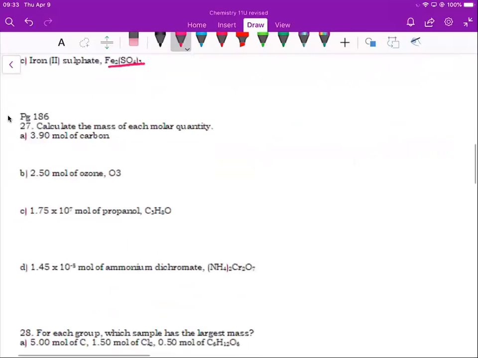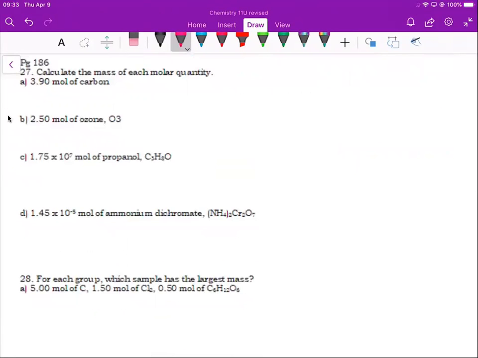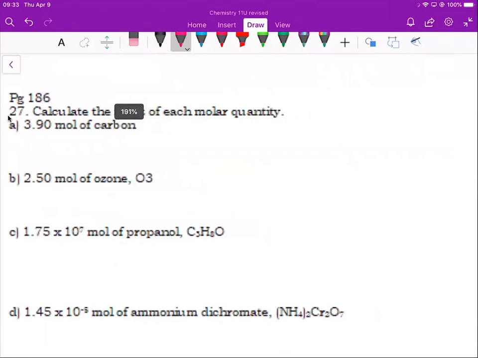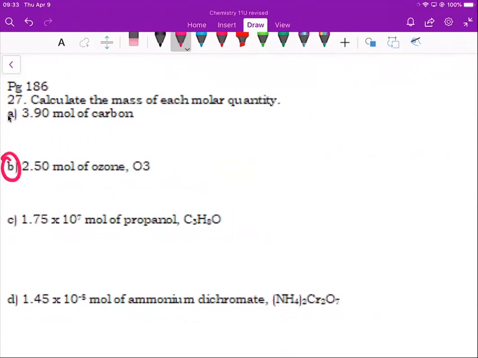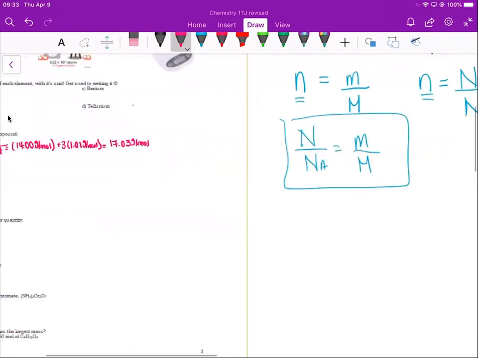Let's see, this one is still calculate the molar mass of each quantity. I'm going to do a different one. I'm going to do B, just so that it's a little bit more complicated. It's giving you the mole amount that you have. So you know that you have 2.50 moles. And to find mass, let's go back to our formulas over here.